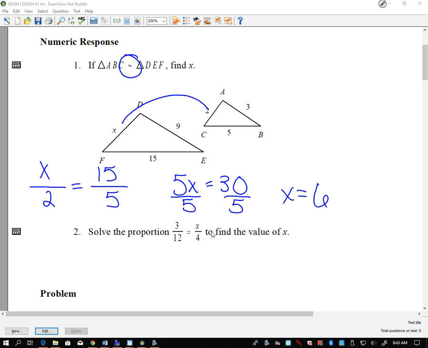So 6 over 2, right? And I should be able to notice 6 over 2 is what? 3. What's 9 over 3? And what's 15 over 5? So my scale factor remains the same, right? My big triangle is going to be, each side is going to be 3 times longer than the corresponding small triangle side. Does that make sense? Okay.